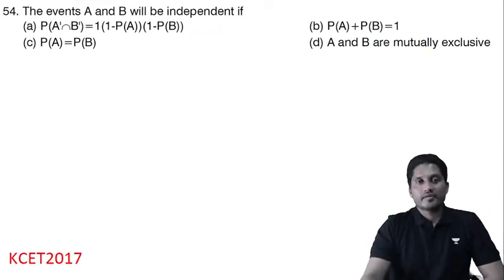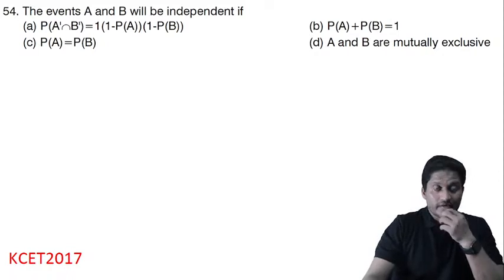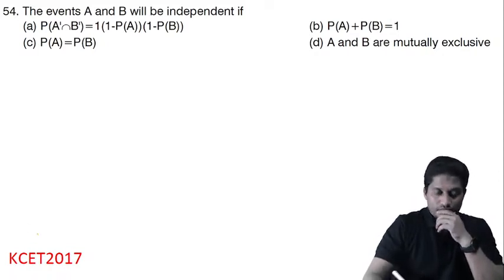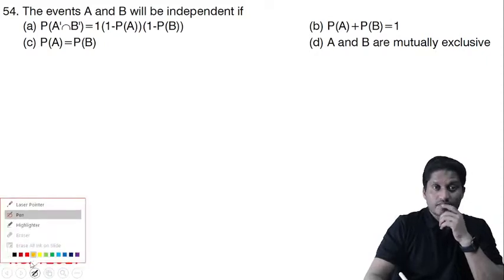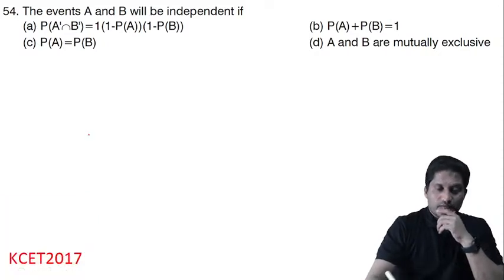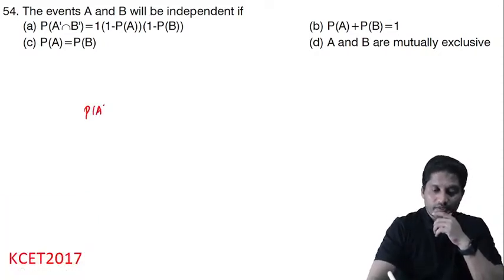The events A and B will be independent if... P of A dash intersection B dash is equal to P of A dash into P of B dash.